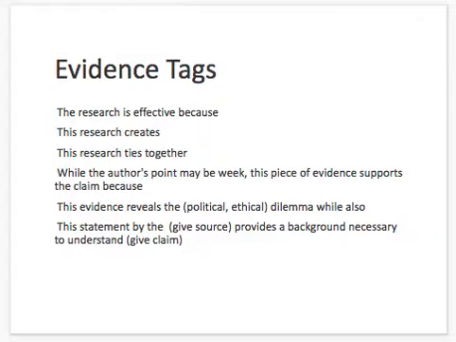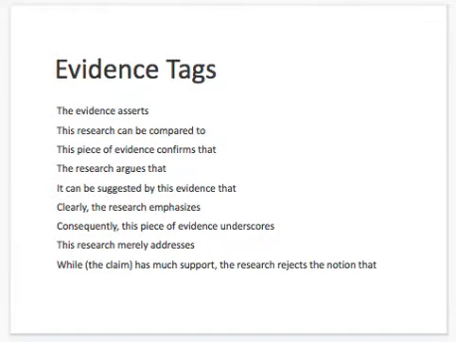The evidence supports the claim because the evidence reveals the political, ethical, or whatever lens you have dilemma, while also the statement by a source gives background necessary to understand blank. The evidence asserts, the research can be compared to, this evidence confirms, the research argues to.